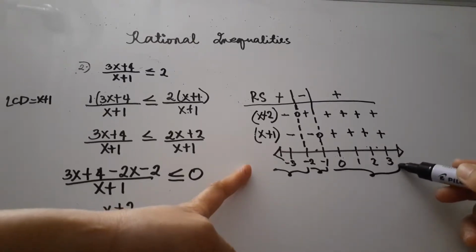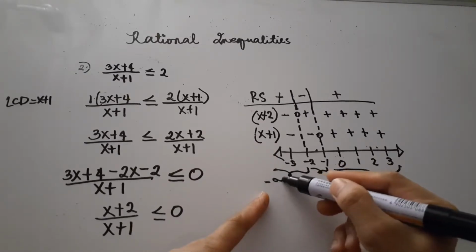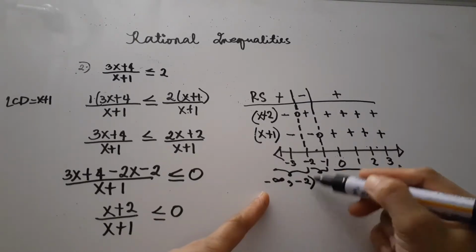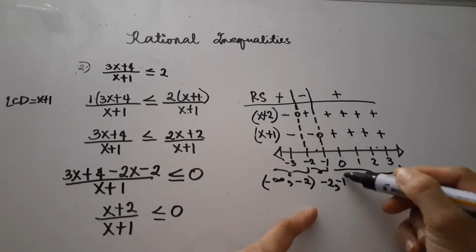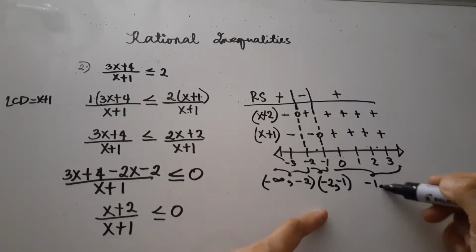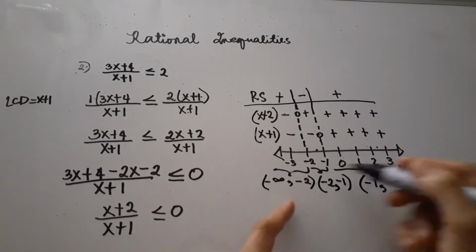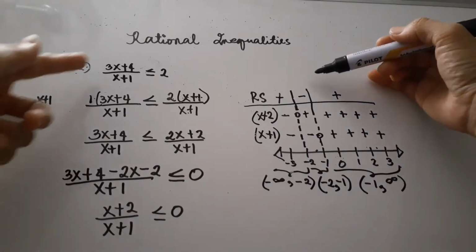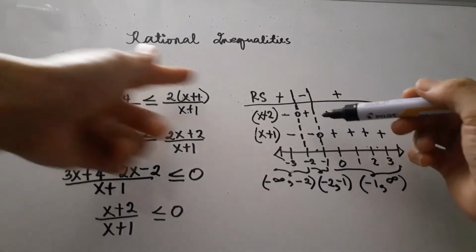And then we can show the interval notation here. So we have negative infinity to negative 2, and then negative 2 to negative 1, and negative 1 to positive infinity. So we have three intervals, and the given is less than or equal to 0.